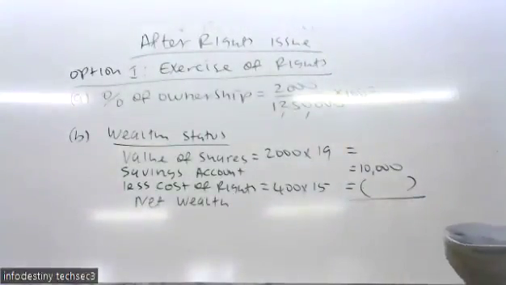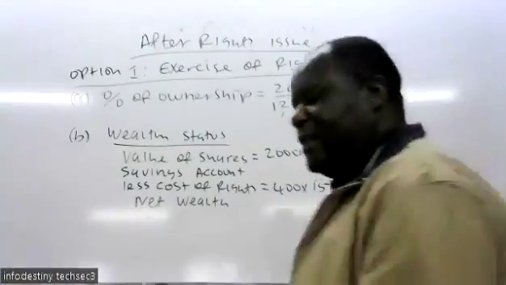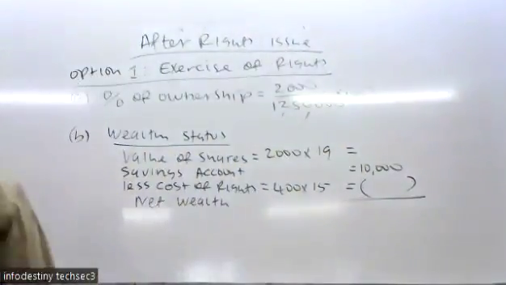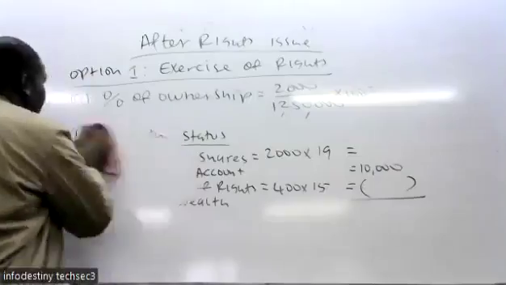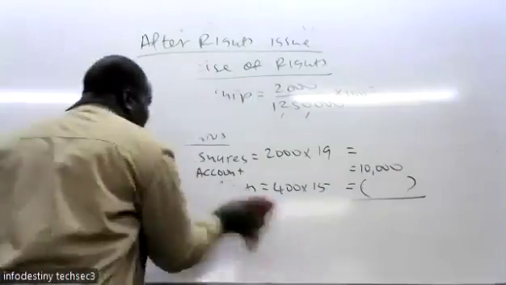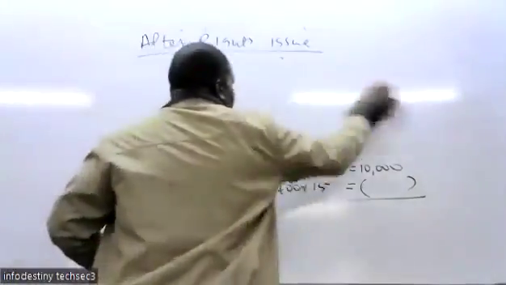So when it comes to sale of the rights, we start again with the percentage of ownership.